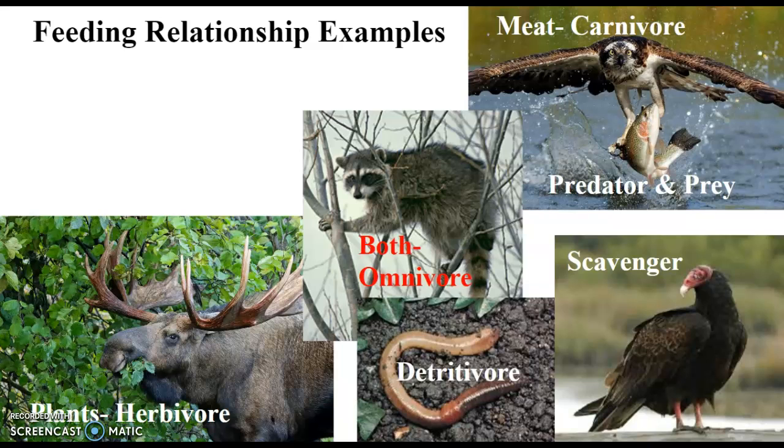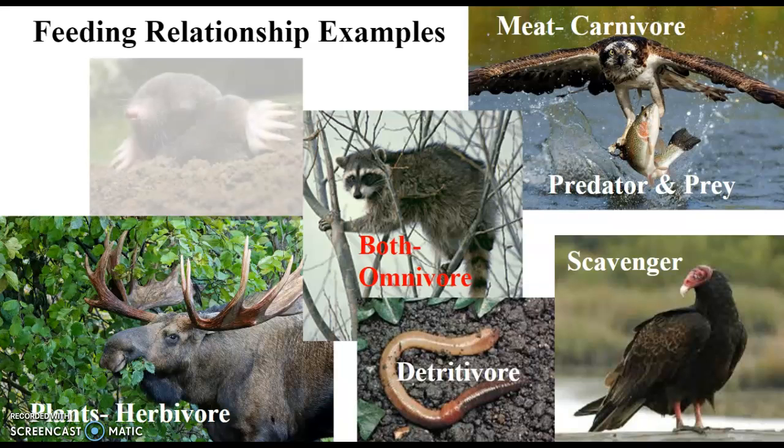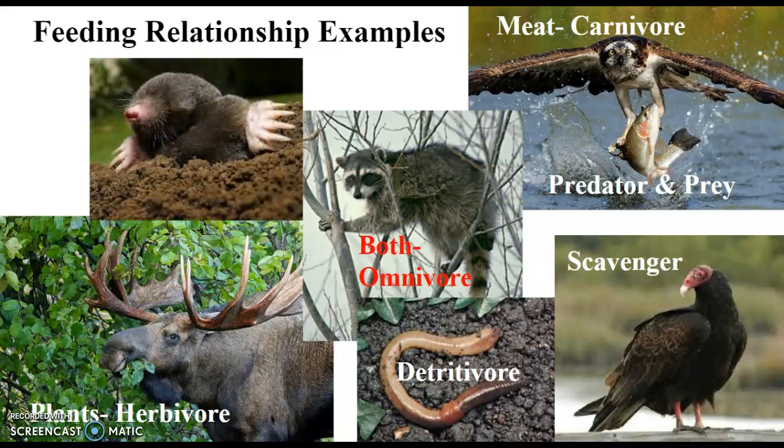But if you said decomposer, you would be kind of right too. This is just a regular mole, living underground, and they feed primarily on insects. So they are a meat eater, but their meat is insects, so they are called insectivores. So we're adding a few new terms maybe.